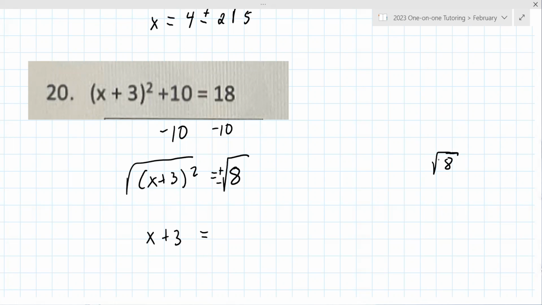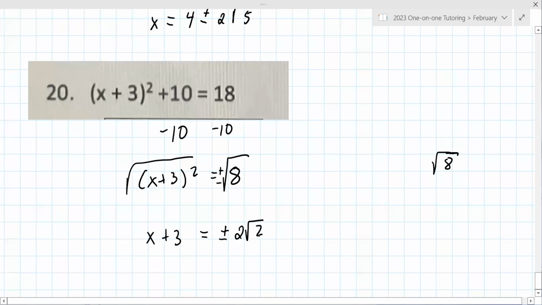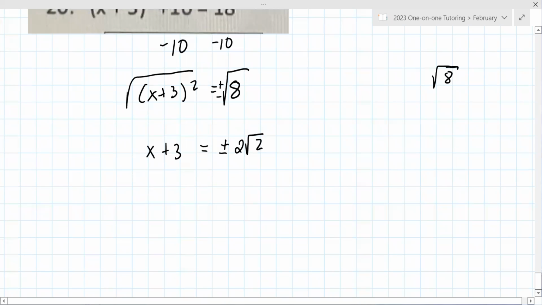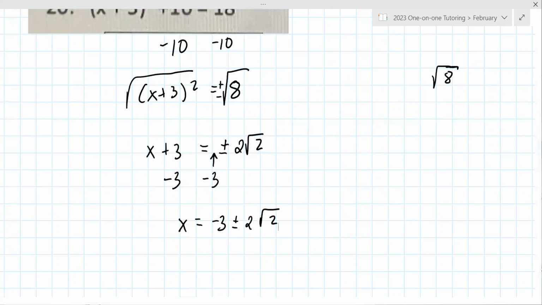Two times square root of 2. Good. So it's plus or minus 2 square root 2. And then from here, you're going to subtract 3 from both sides. Again, it's better to put that in the front. It reads better and avoids other errors. But these are your two solutions.